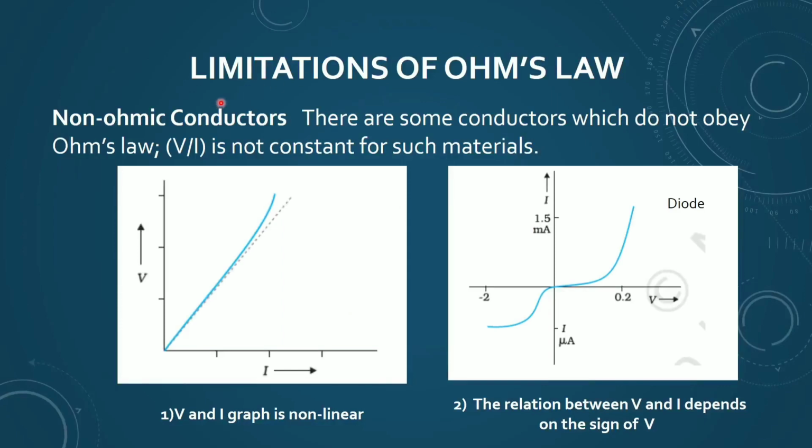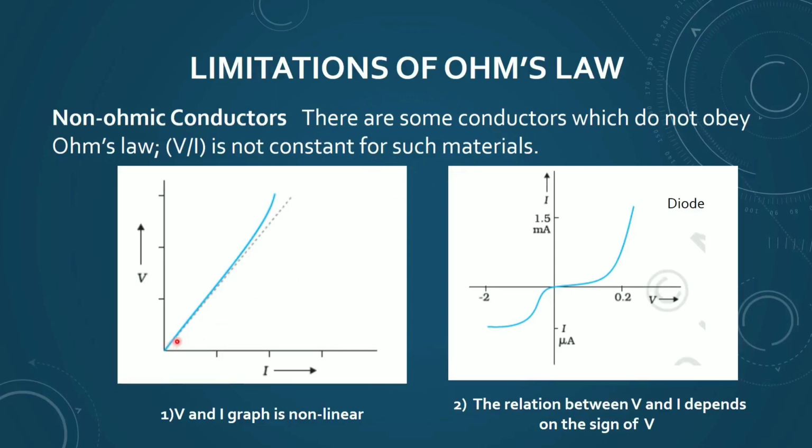This is about the limitations of Ohm's law, or you can be asked to classify between ohmic and non-ohmic conductors. Of course, for ohmic conductors we have studied that the VI graph is a straight line with a slope. So it means they are obeying Ohm's law. But there are certain conductors which are not obeying Ohm's law.